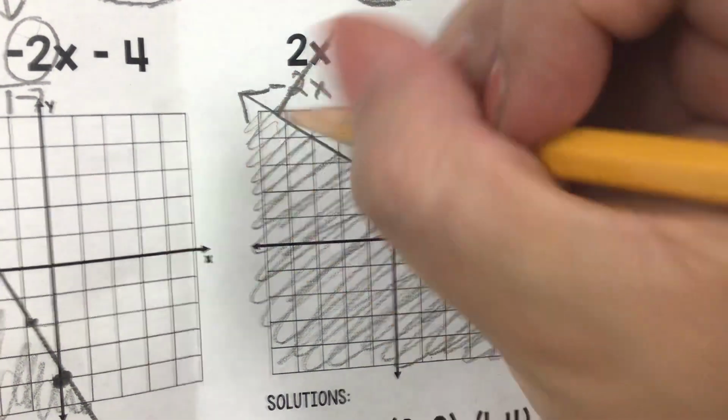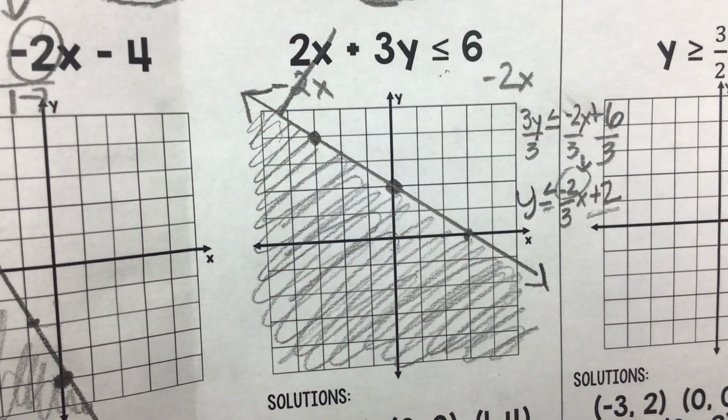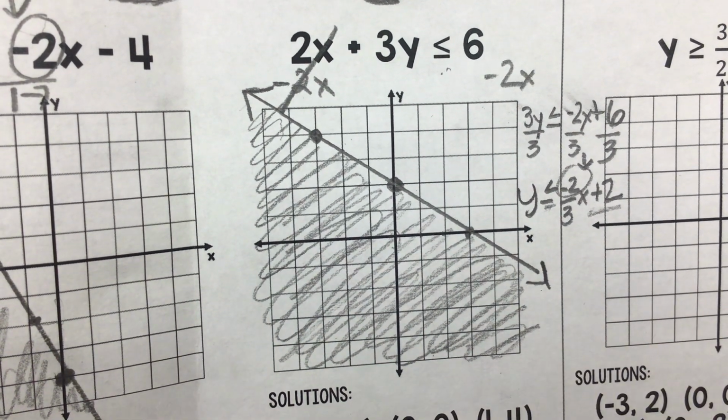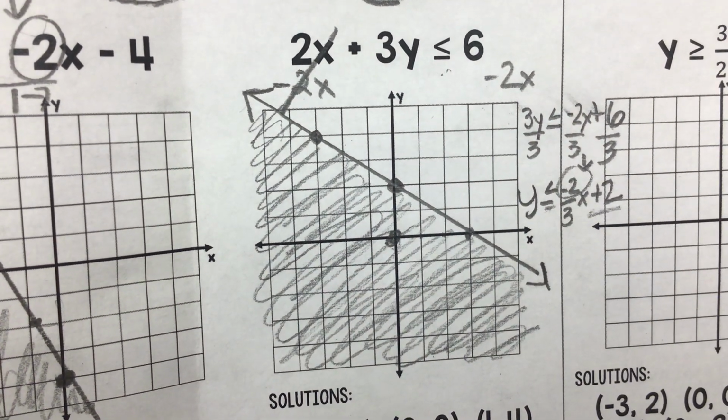I'm going to say it again. Anything on this line will be part of your solution set because it is included with that equal sign. And anything in the shaded region, for example, 0, 0, would also be part of your solution.